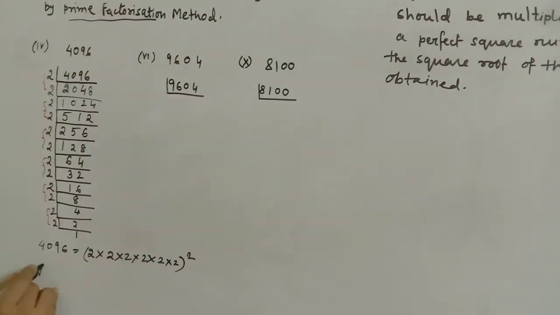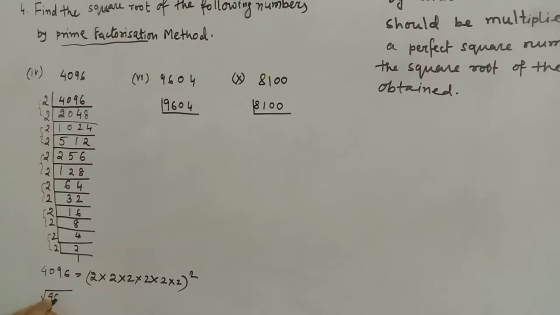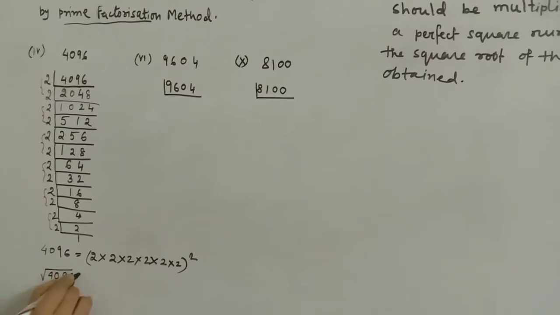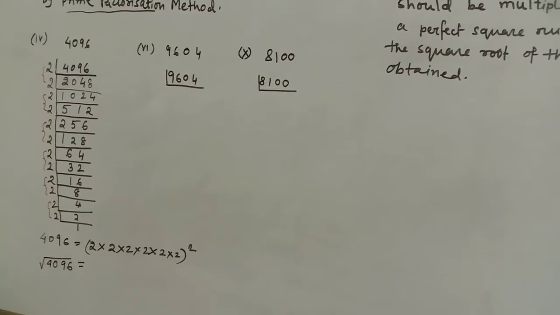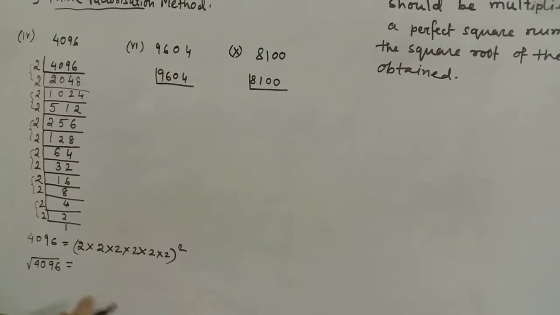So when I find the square root of 4096, I can write 2 to the 4, 4 to the 8, 8 to the 16, 16 to the 32, 32 to the 64, so 64 square under root. Out of the square, I can take 1. So the square root of 4096 will be 64.